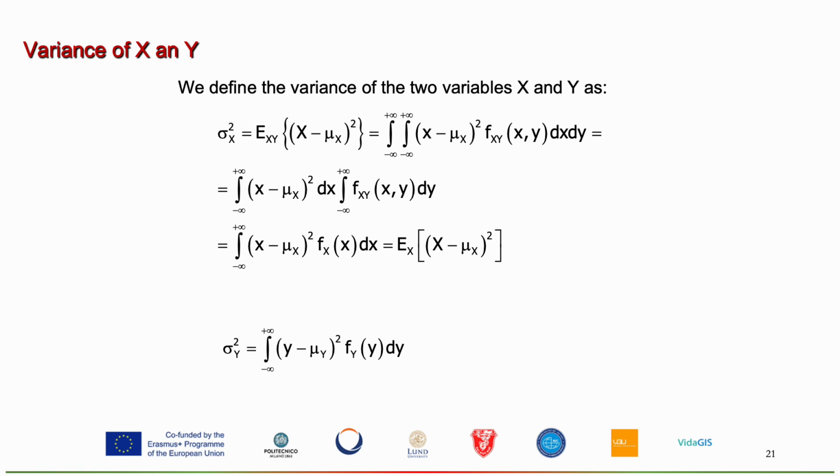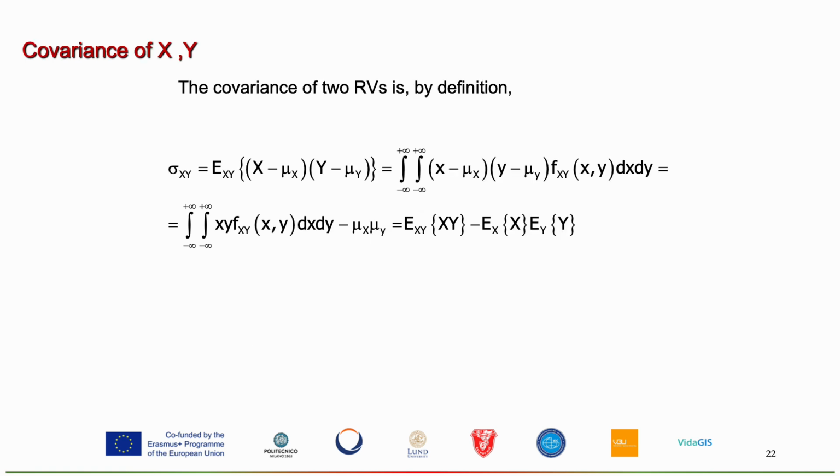For the variance of y, we can repeat exactly the same reasoning, and we have that it is the integral in dy, in this case, of y minus mu y squared that multiplies the marginal density function of y. Now we introduce a new quantity, the covariance of two random variables, or if you prefer, the covariance of the two components of a two-dimensional random variable.